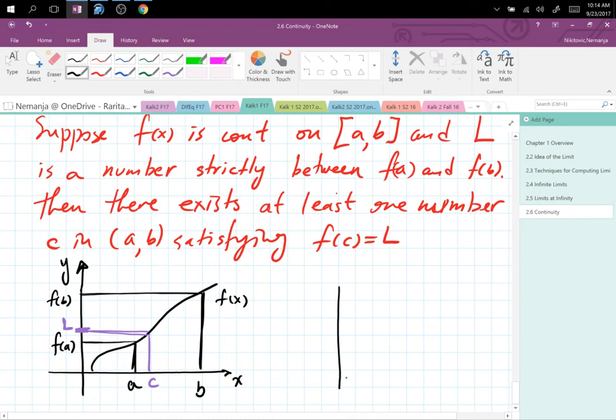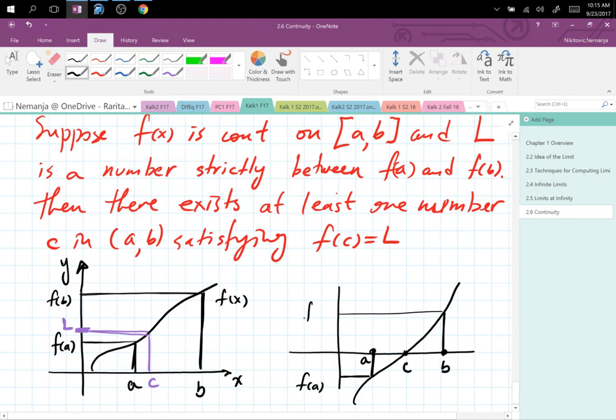When you're solving an equation, you're generally looking for y equals 0, the x-intercept, which is also called a solution or a root, right? And if you consider a function, which I draw this way now, here's your A, here's your B, then clearly your C is this answer. But look at your f of A and f of B. One is positive, one is negative.